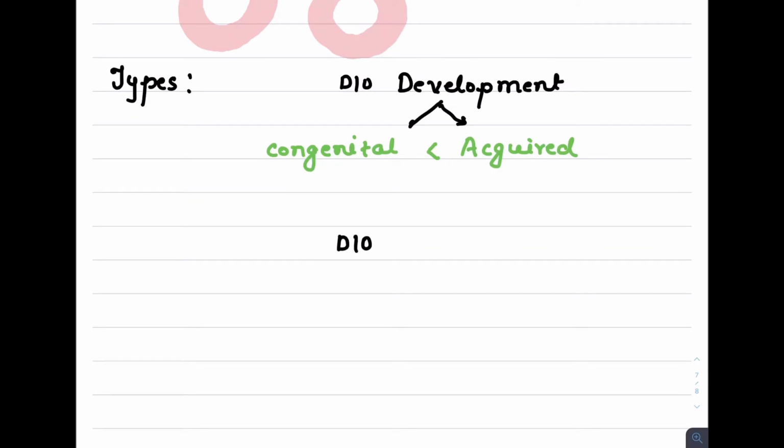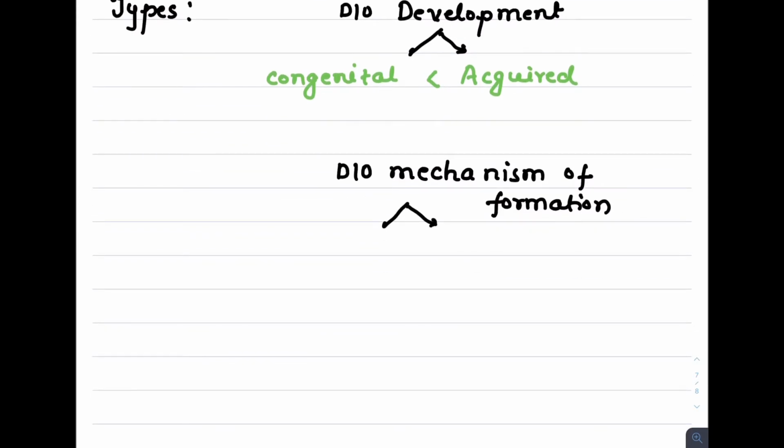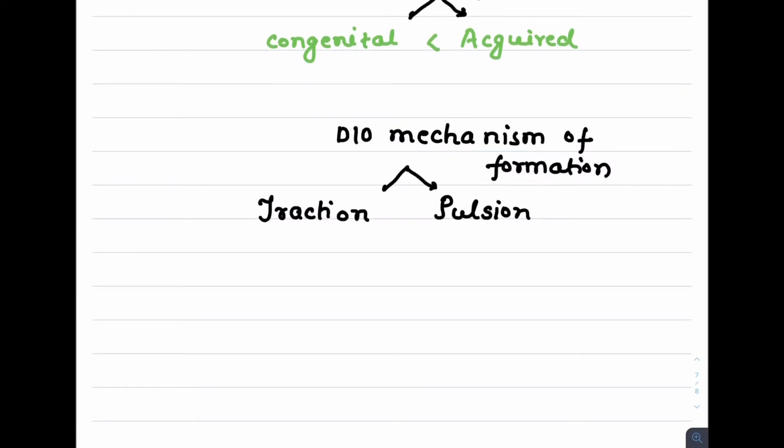Second way of classifying them is based on their mechanism of formation. They can be formed due to two different mechanisms. One is traction, known as traction diverticulum, and another is pulsion, excess pressure, known as pulsion diverticulum.